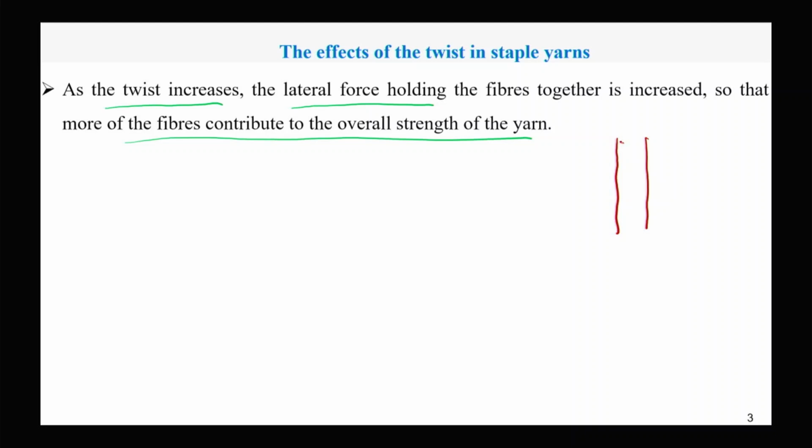Suppose these are the fibers without any twist. The length of the fiber at the surface and at the core are the same. But when we apply twist, the surface fiber will have to travel a longer path.